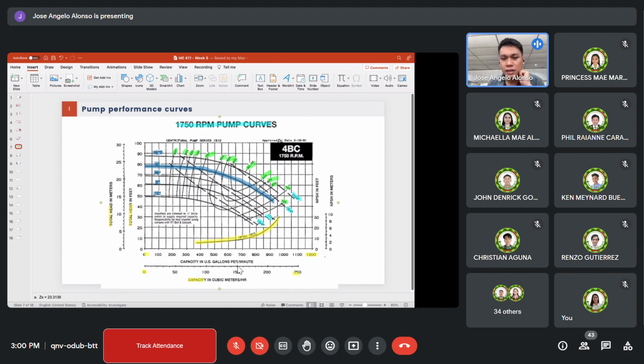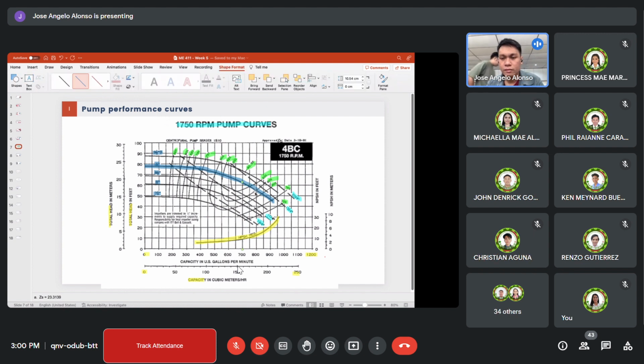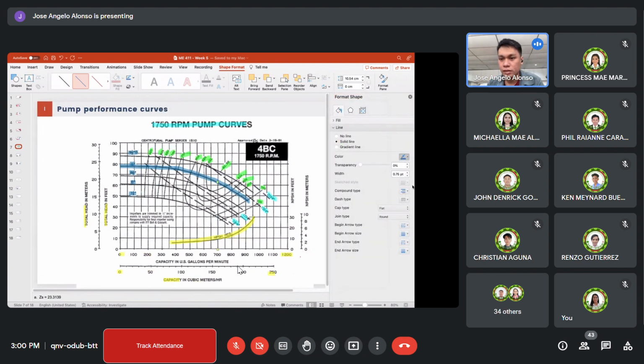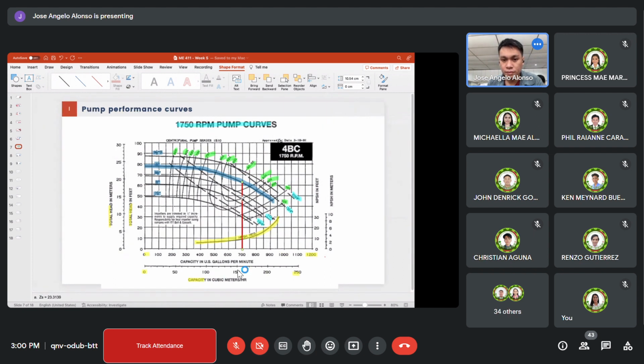Then our pump is running at, let me say, 800. Or better, at 700. Okay. Let's make it red para madaling ma-identify. Okay. Then project lang natin the right side.